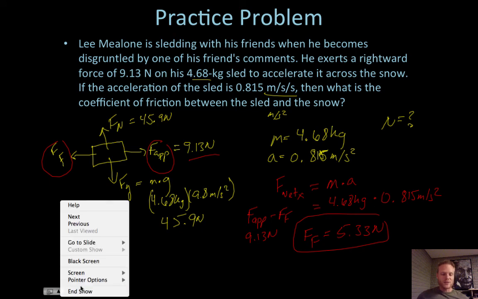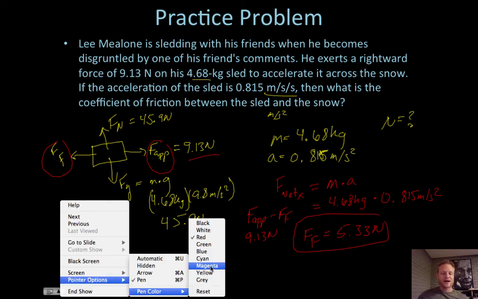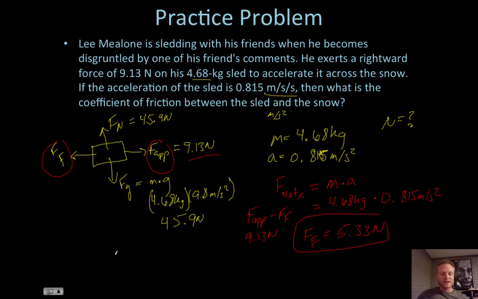Now, can we get the coefficient of friction? I think so, because if you remember your formula, mu equals the force of friction divided by the normal force. Do I have both of those numbers? I do.